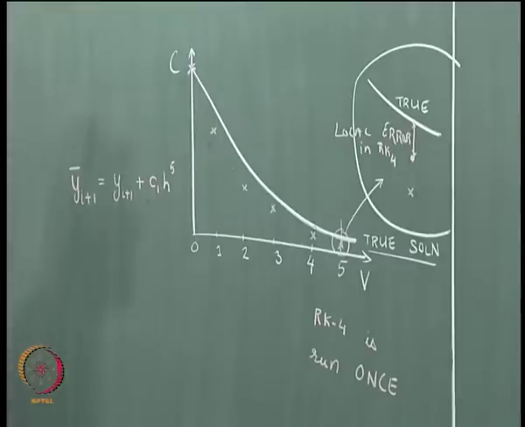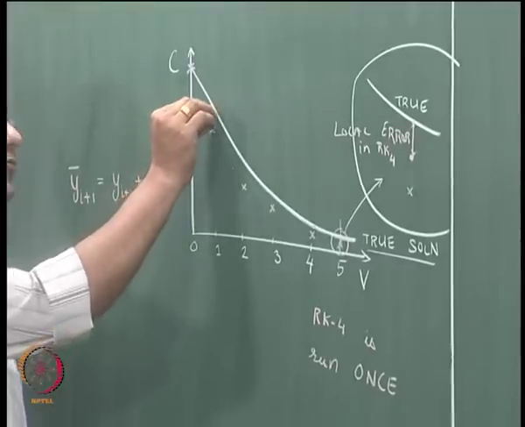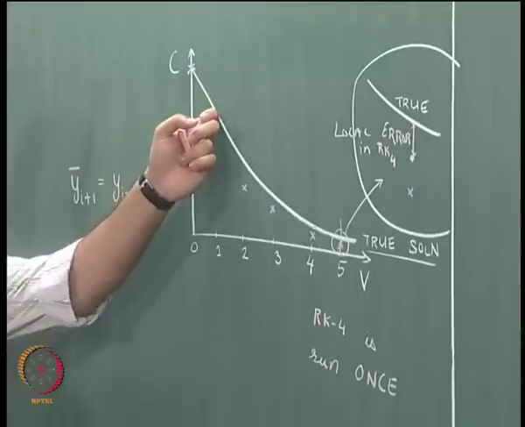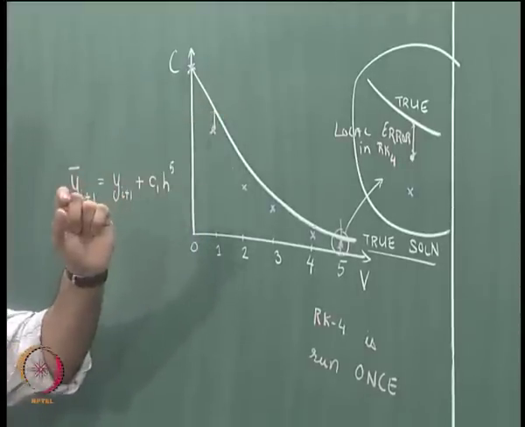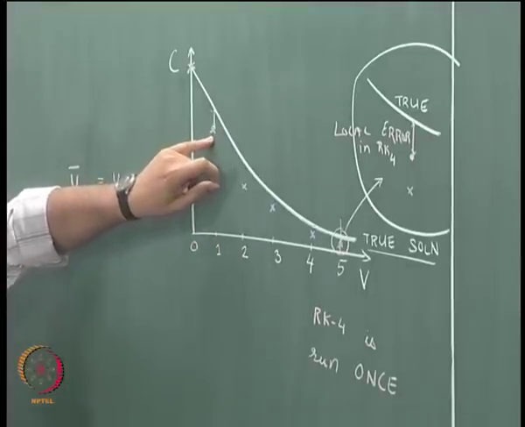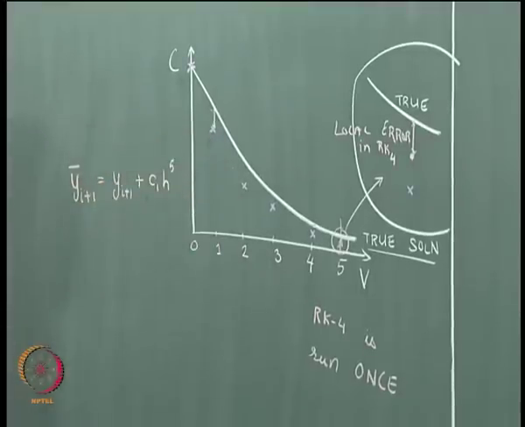There will be some other error associated because of propagation of this particular error, okay. So this error results in some of the error in the future step, okay, and there will be some error that will be caused because the numerical method itself is inaccurate, okay.